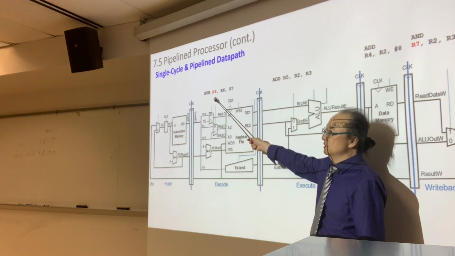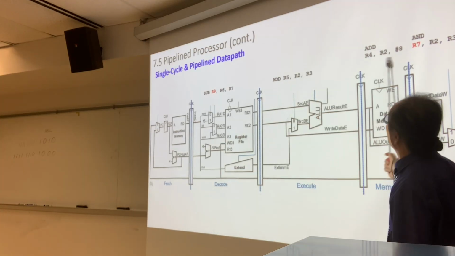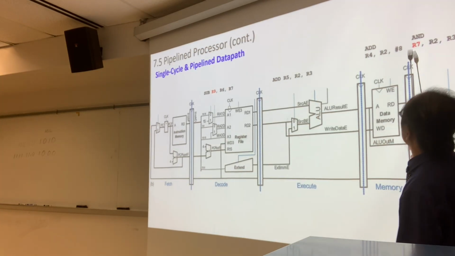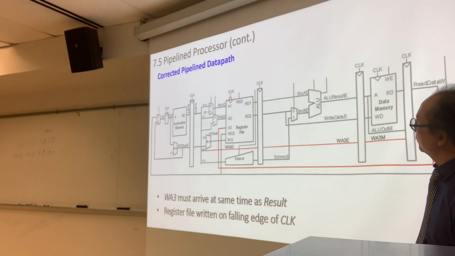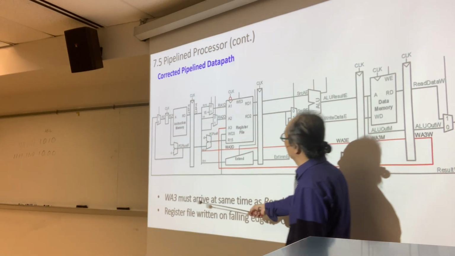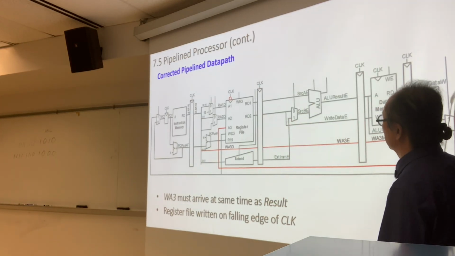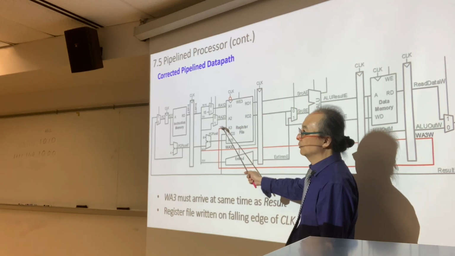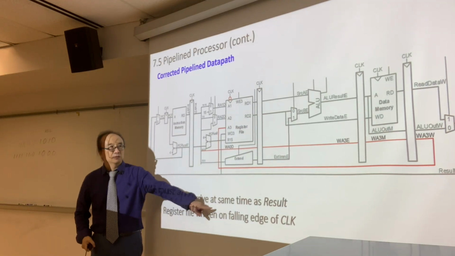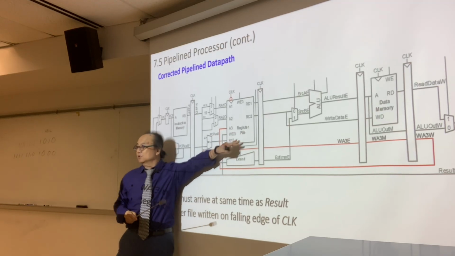Because in this second stage we have R9, so we're going to write 9. However, we're going to write back into 7. So we have to have a separate line going back. That's why WA3 must arrive at the same time as the result, and we're going to write back in here. In the clock cycle, we're going to write first and then read from this register.